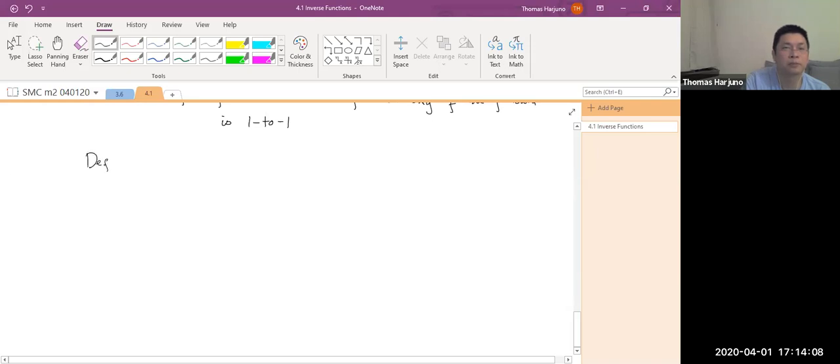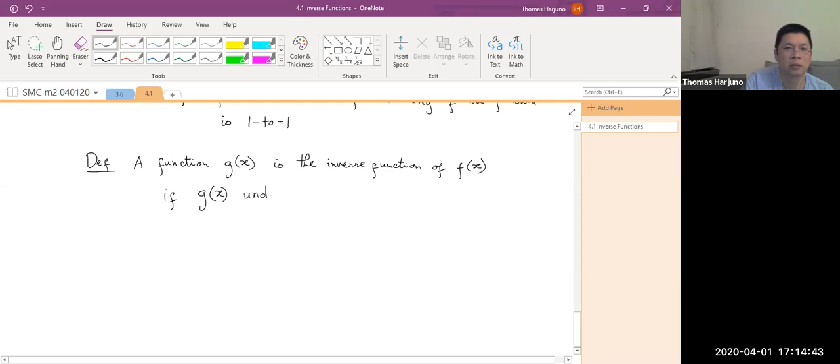Definition: a function g(x) is the inverse function of f(x) if g(x) undoes what f(x) does.